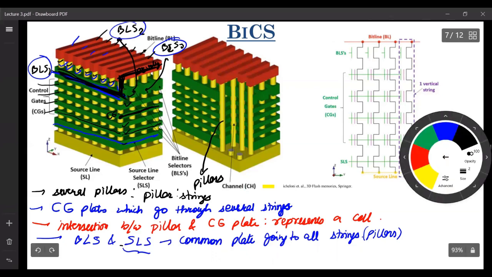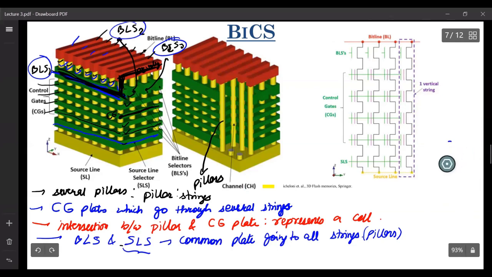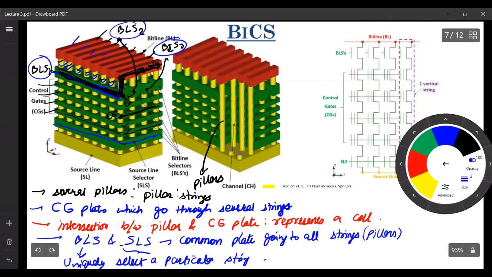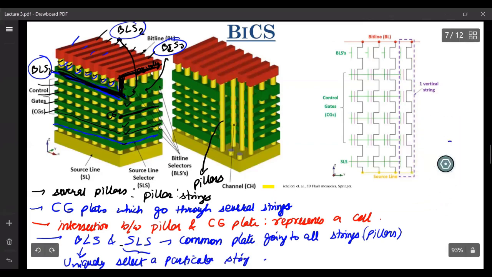So you have this bitline selector through which you uniquely select a particular string, right? And then if you compare this schematic, you'll see that you have independent bitline selectors.